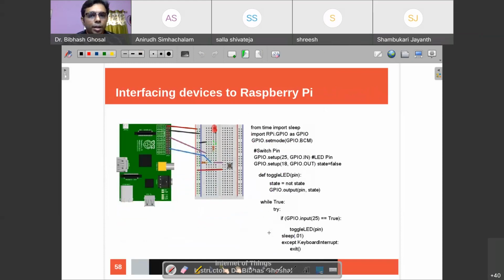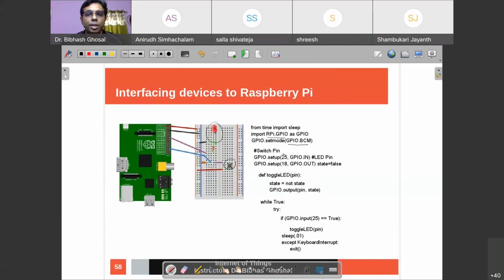This is again an example of how devices are connected. Here we are showing a very simple device like a switch and an LED that is connected. So I'm importing this library again. I'm setting up the pin numbers I will be using.